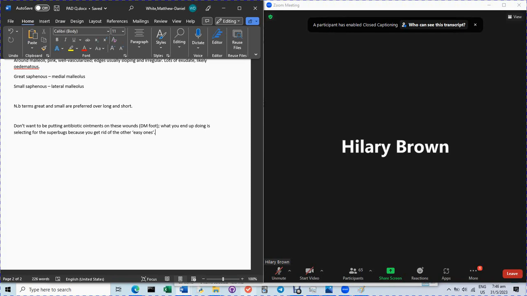So who wants to say how the ankle brachial index is measured? I can make an attempt. Go ahead. So you do a blood pressure reading in both arms and both legs, and you choose the highest arm blood pressure reading divided by the lower limb blood pressure reading.